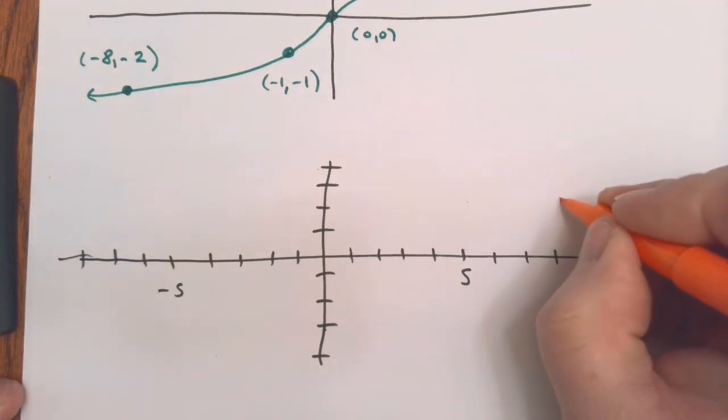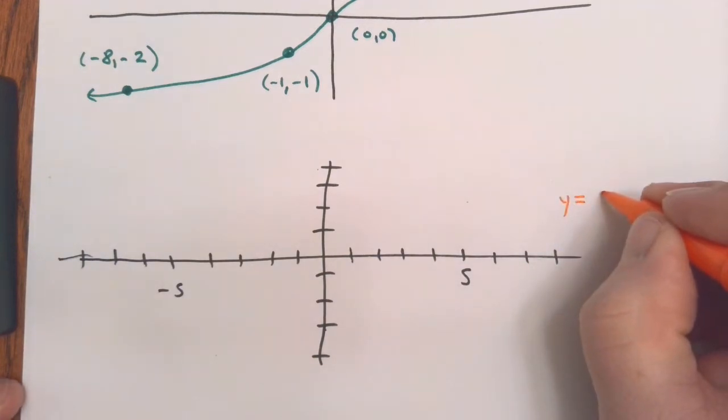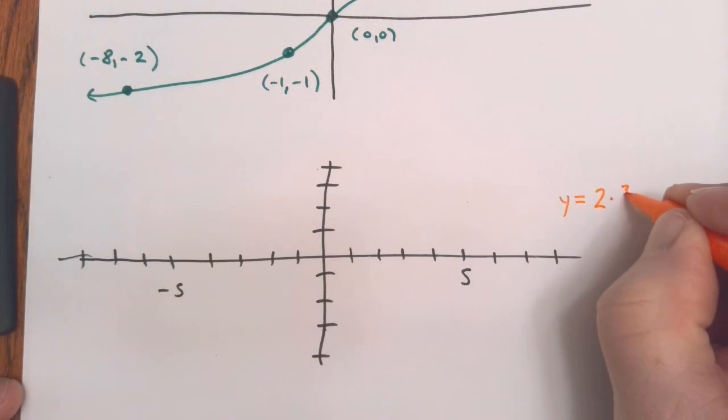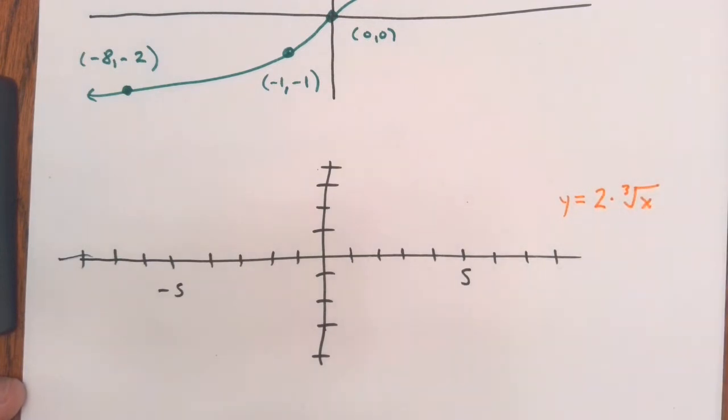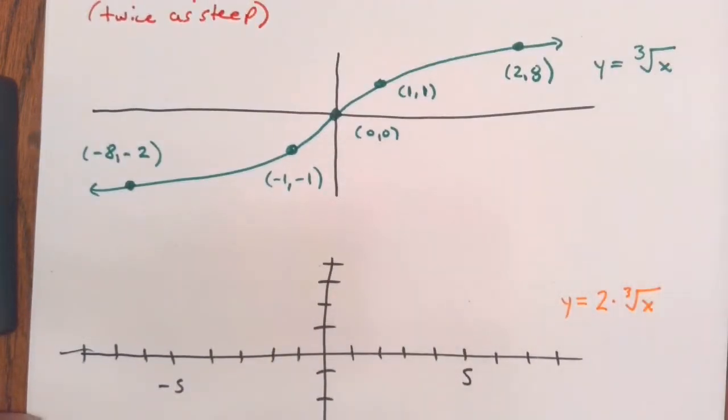So what would the graph of y is equal to 2 times the cube root of x look like? What would a graph be that is twice as steep as this one?